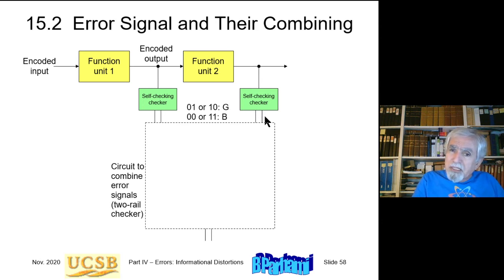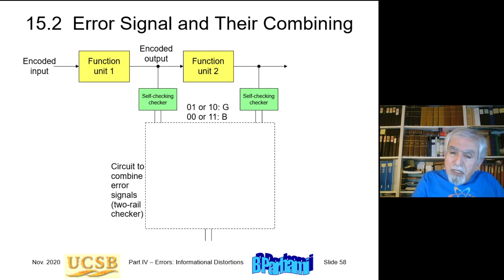So if one of them is stuck, then we will see this pattern. When it's supposed to be 0, 1, and if this one is stuck at 0, we'll see 0, 0. If it's supposed to be 0, 1, and this one is stuck at 1, we will see 1, 1. Okay, so that's the idea of having at least two output lines for these self-checking checkers.